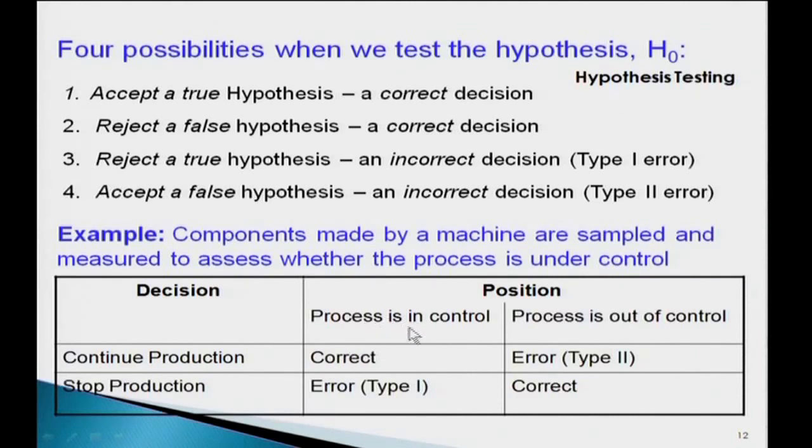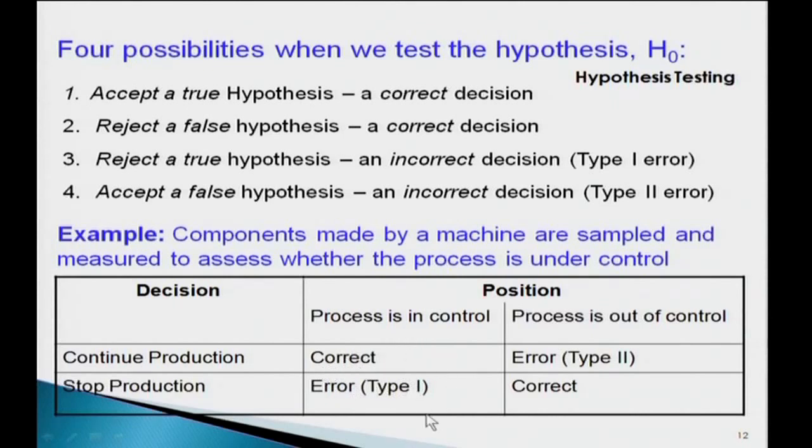If defectives are within limit and still he stops the production, then obviously that is an error, because a certain limit is defined. None of the processes can be 100% error free, it can be even 99.99% correct. Those 0.001% error chances may be there, for any reason, human or machine.